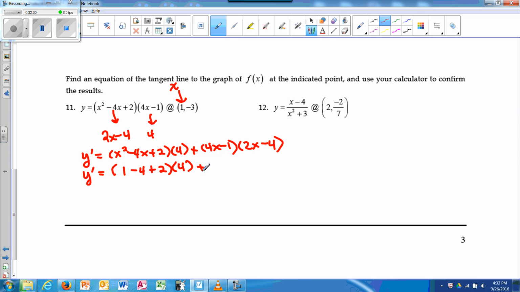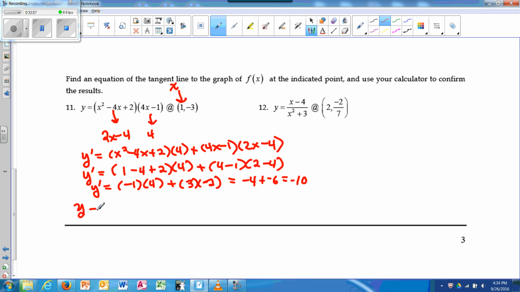Now, since you're being asked to use x equals 1, you don't have to simplify the algebra on this. You're going to go directly in and substitute x as 1. That gives us (1 minus 4 plus 2) times 4, plus (4 minus 1) times (2 minus 4). That makes all of our simplification just arithmetic.